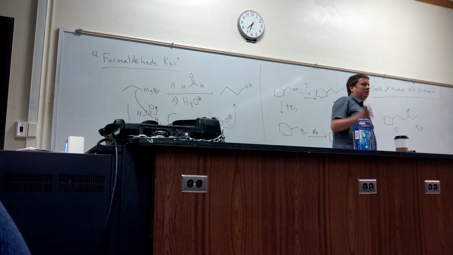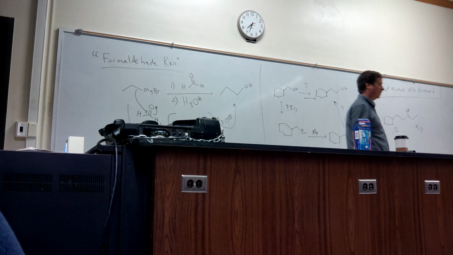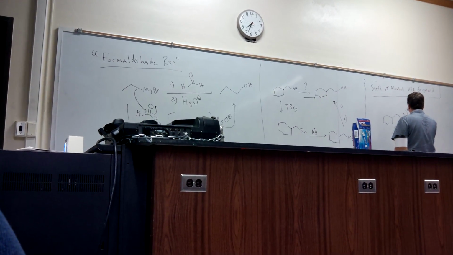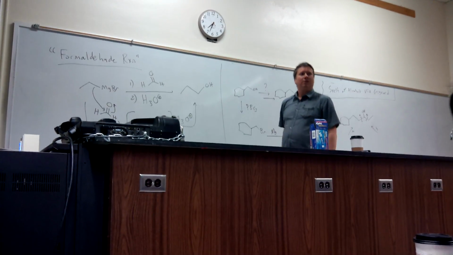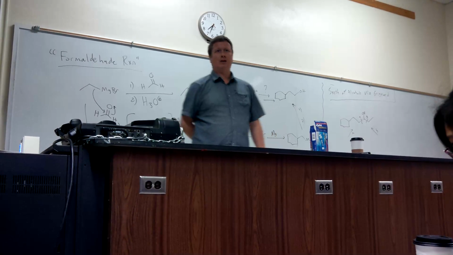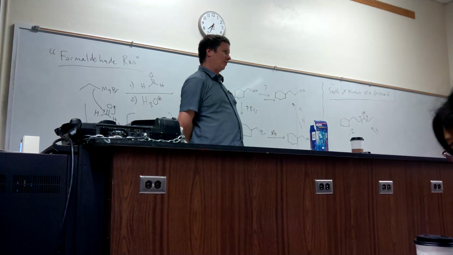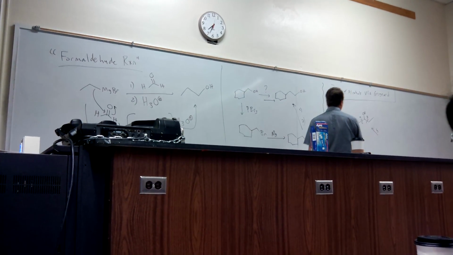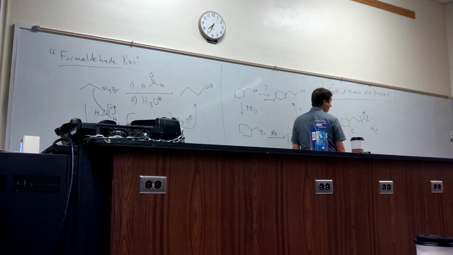Because if we're using Grignard chemistry, we're making CC bonds, right? And so I could imagine making the A bond, or I could imagine making the B bond adjacent to the oxygen, right? I can make the A bond, or I can make the B bond, and that gives me 2 different complementary methods. If I'm making the A bond, how would I do that?